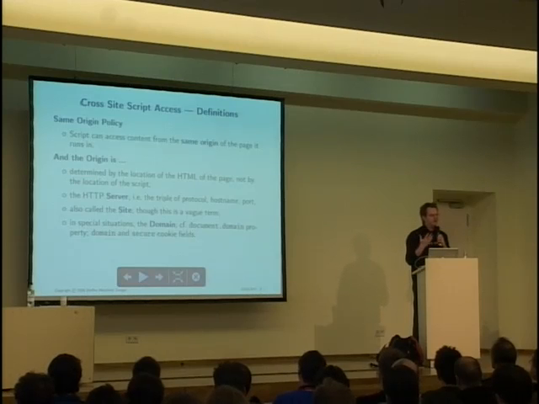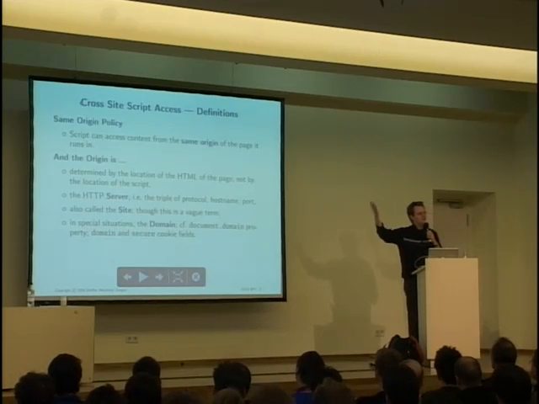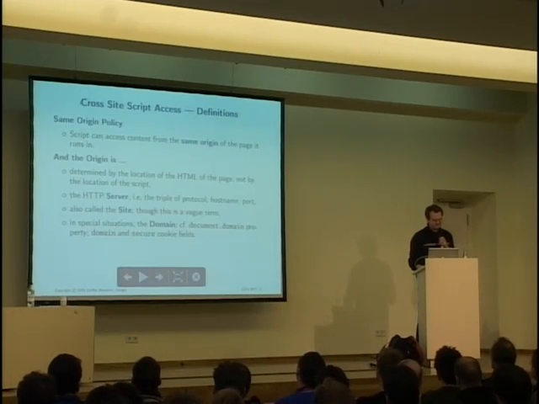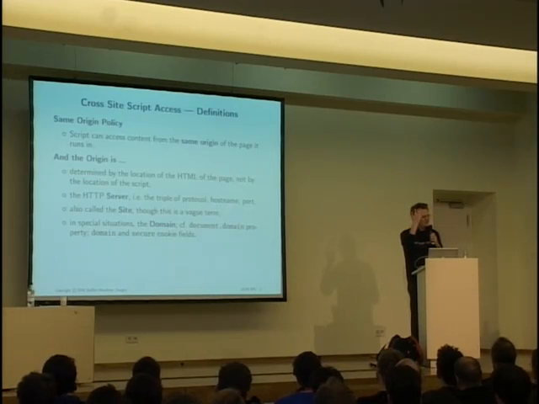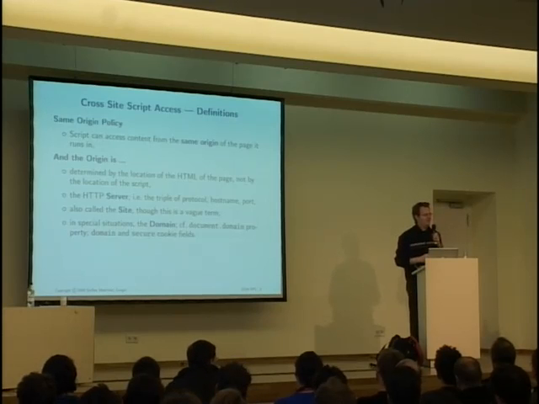The policy that governs this cross-site scripting restriction of web applications is the so-called same origin policy. And the same origin policy stipulates that code, that is, for AJAX, JavaScript code that runs inside an HTML page, can access content only from the same origin as this HTML page.